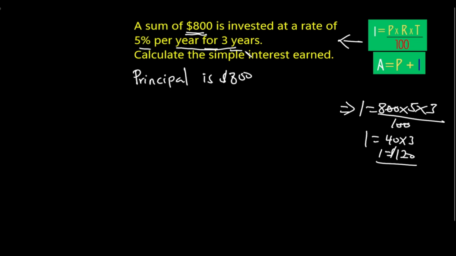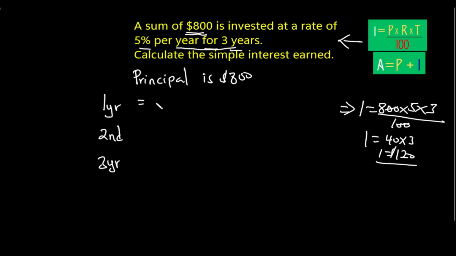So we can just make a table over here. Let's say we have the first year, the second year, and the third year. So the person invested this $800 for 3 years, and every year there is a 5% interest on the $800.